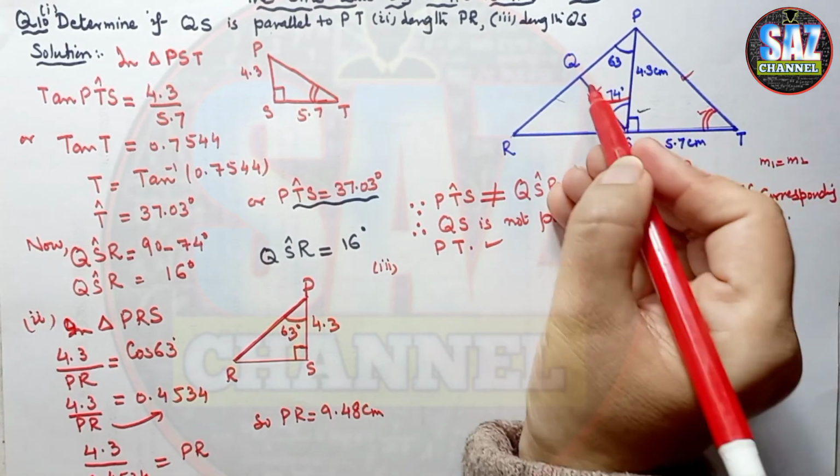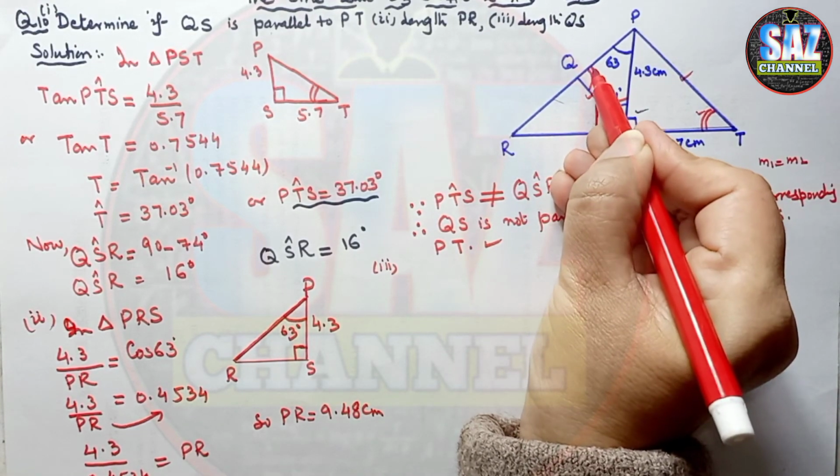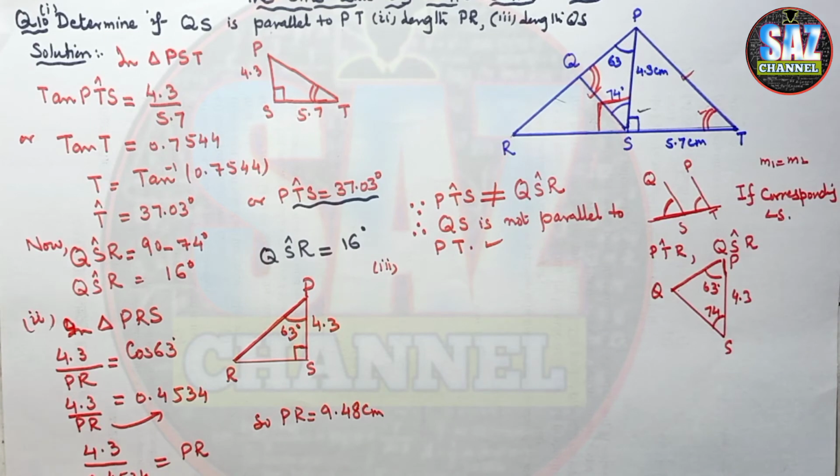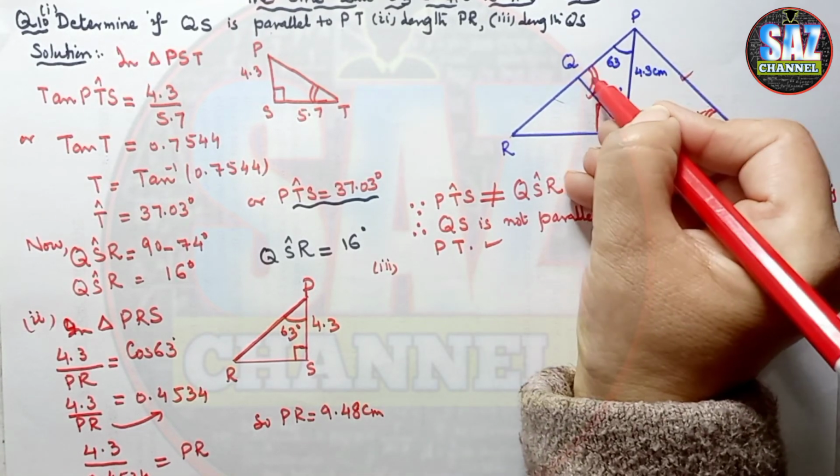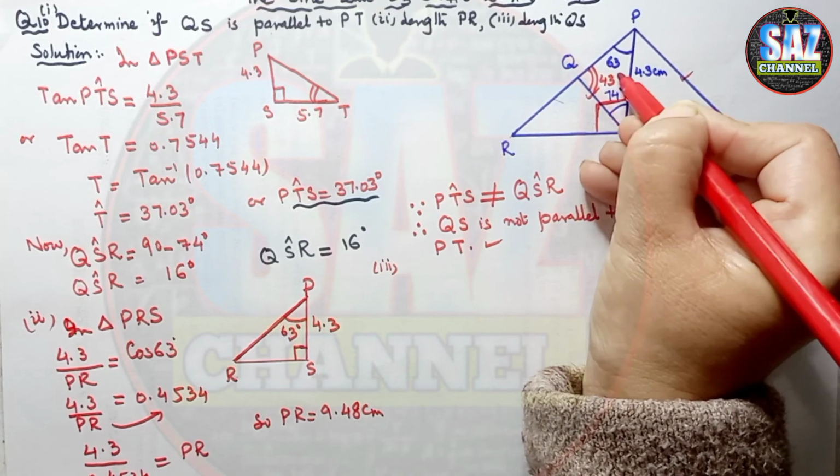If I want to find this angle of the triangle, I can easily find it because this is the third missing angle of the triangle. 63 plus 74 minus 180 will give me 43 degrees. This angle is 43 degrees.